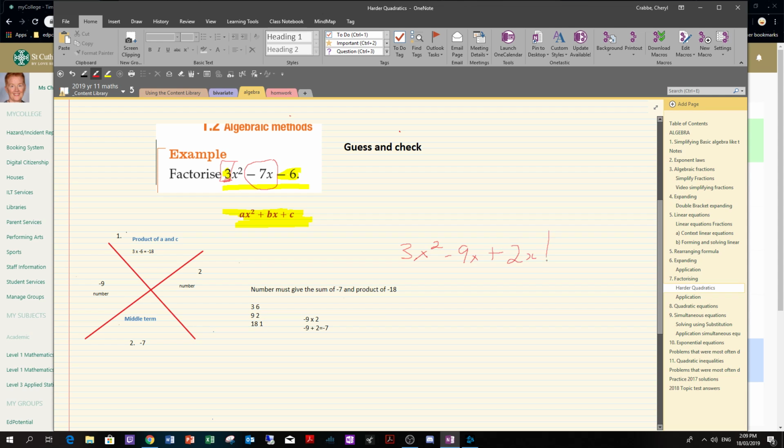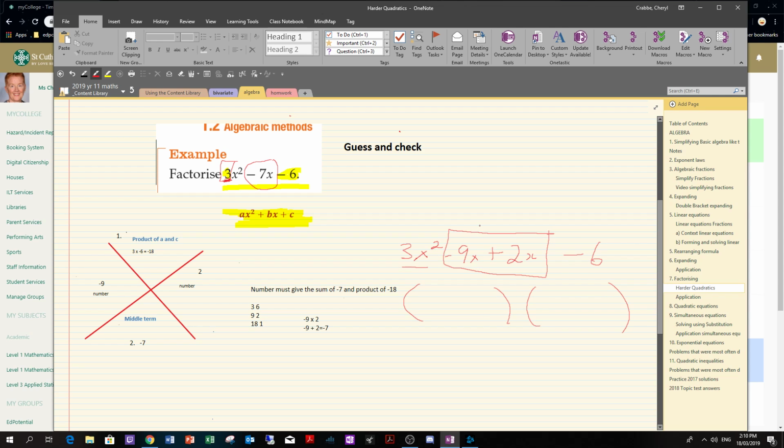So we've broken up that middle term into those two numbers that add to give -7 and multiply to give -18, and then the -6. Now we just regroup this.